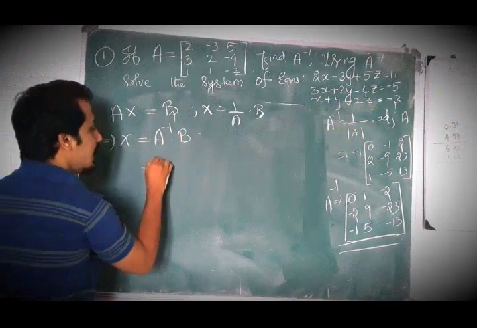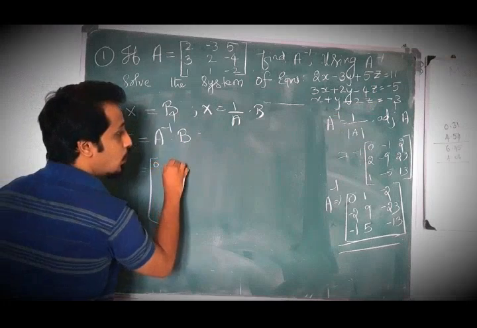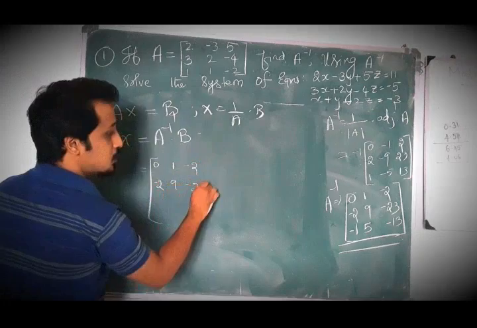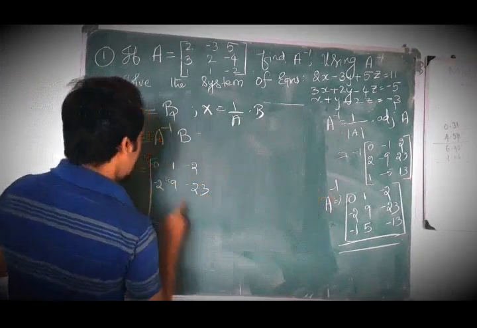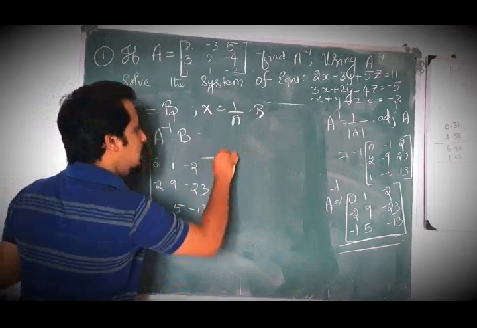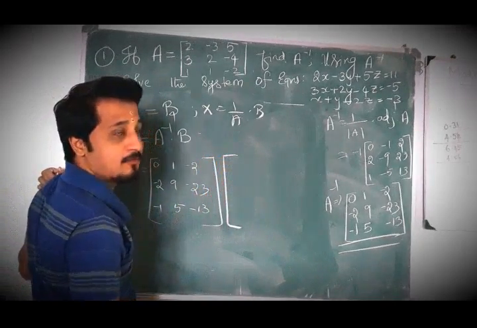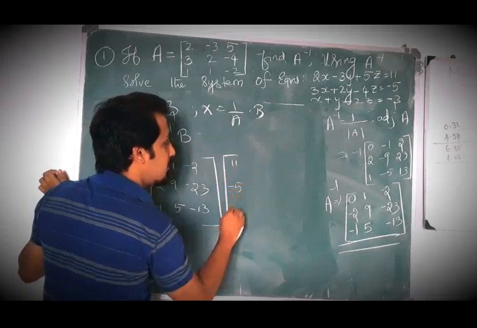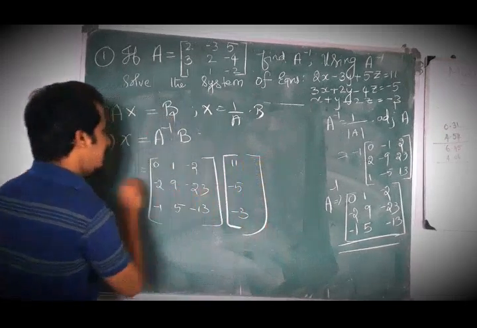So A inverse is 0, 1, minus 2, minus 2, 9, minus 23, minus 1, 5, minus 30, into, what is the value of b? 11, minus 5, minus 3. So this is matrix multiplication.